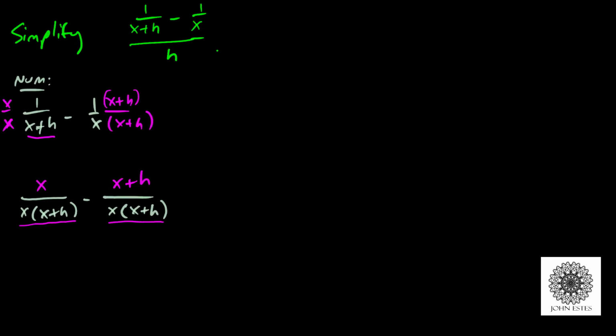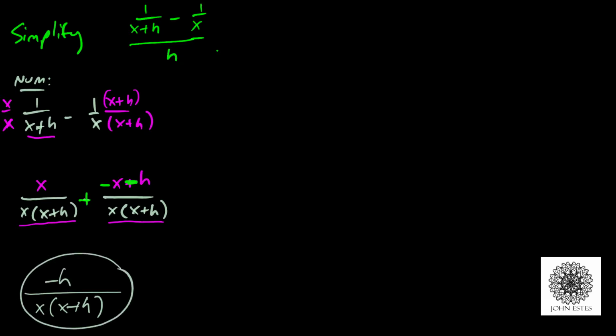And now I can bring these together as one expression. Don't forget that since I'm subtracting, I need to distribute that negative, which is a very, very common mistake. So I have a common denominator of x times x plus h, and in the numerator I have x plus a negative x, and those go away and I just end up with a negative h.